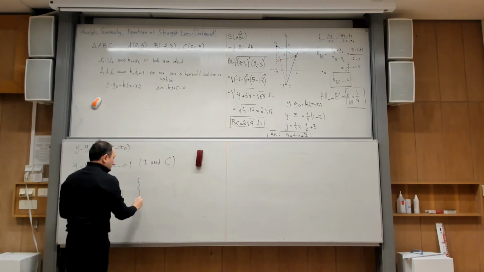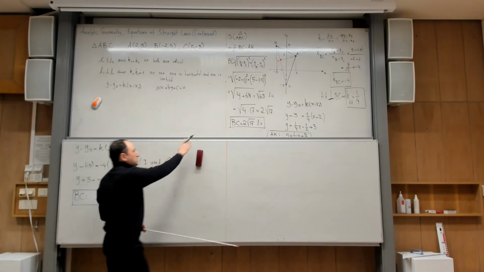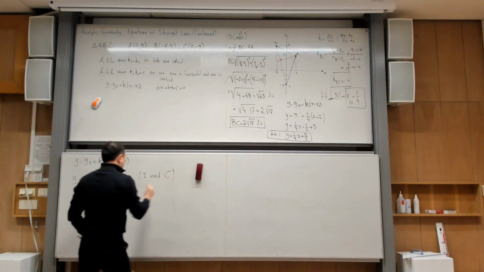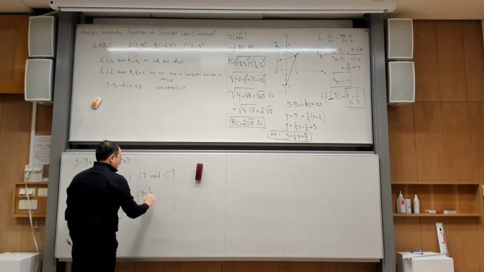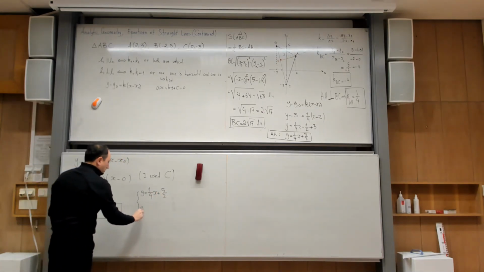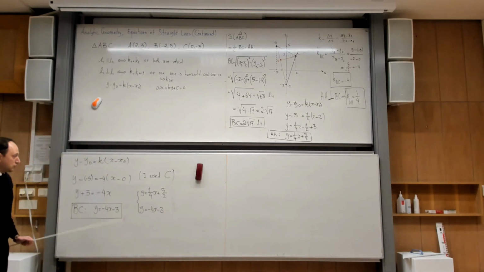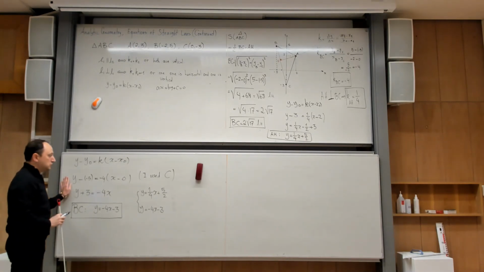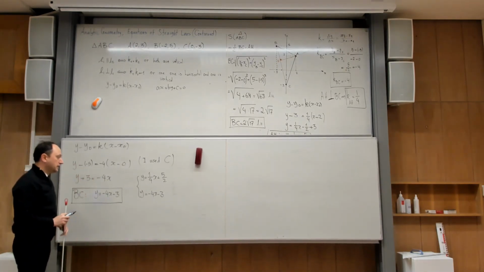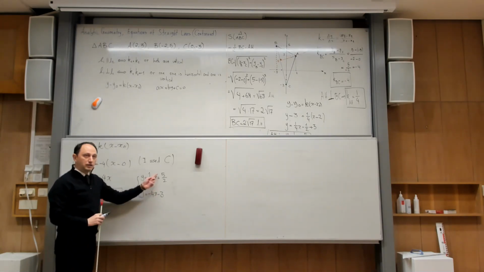Set up a system so that one equation of this system is the equation of AH here: y equals 1/4x plus 5/2. Another equation is y equals -4x minus 3. And try to find x and y so that both of them are simultaneously satisfied. But I also told you how to solve these things. This is very simple. Because this is y, this is also y. So these two values should be the same.